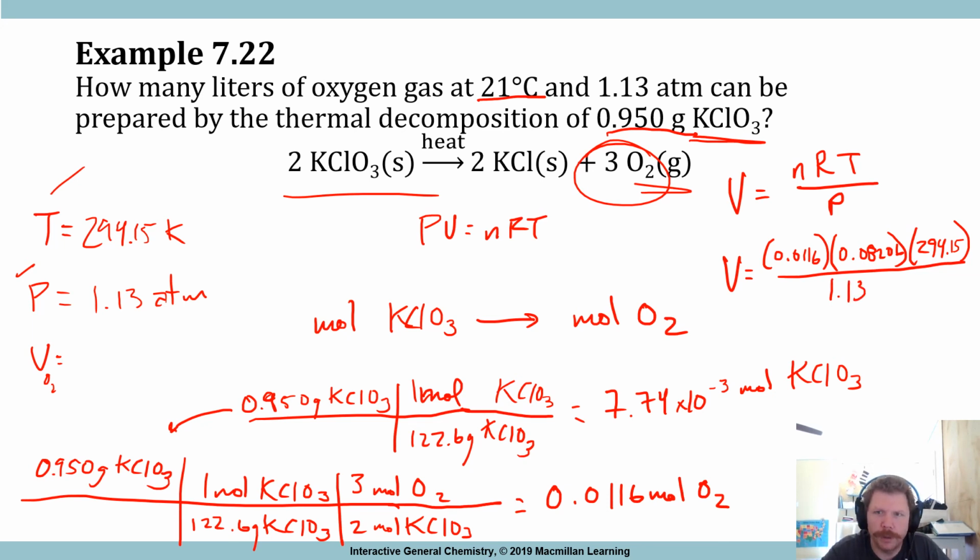So I've got 0.0116 times 0.08206 times 294.15 divided by 1.13. And I get my volume of 0.248 liters. And that's all there is to that sort of problem. All right, I hope this is helpful, and we'll proceed onward.